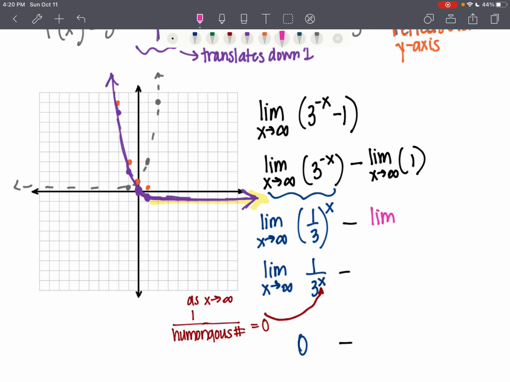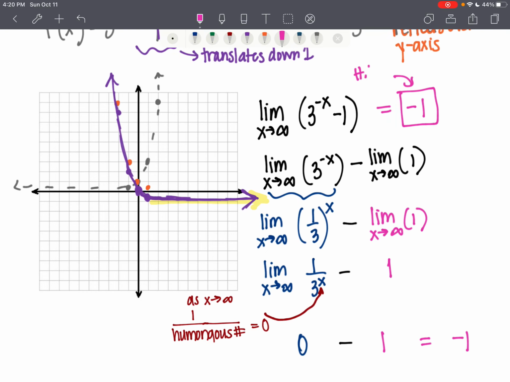The limit as x approaches infinity of 1. And what is the limit as x approaches infinity of a constant? Well, it is the constant, so it's 1. 0 minus 1 is equal to -1. So the limit as x approaches infinity of this function is equal to -1.